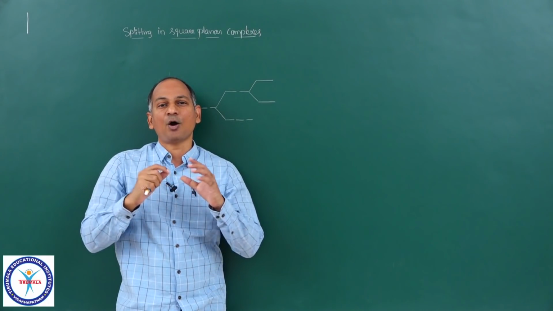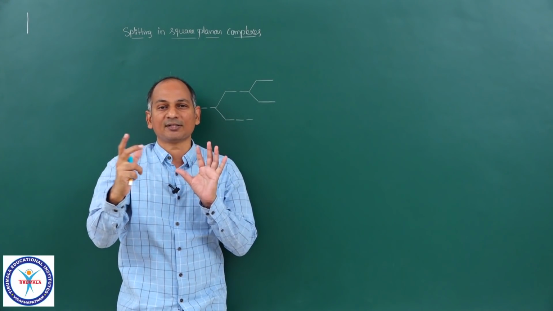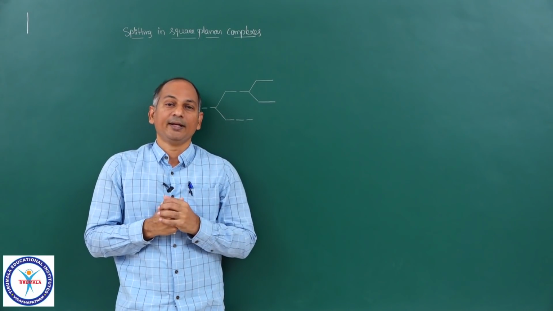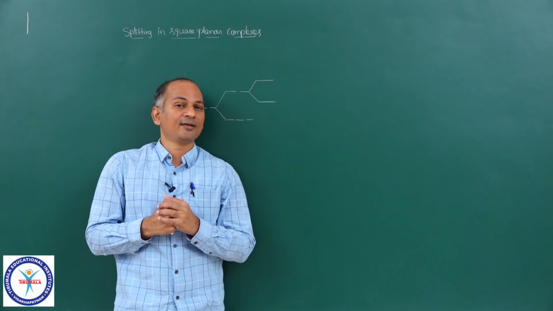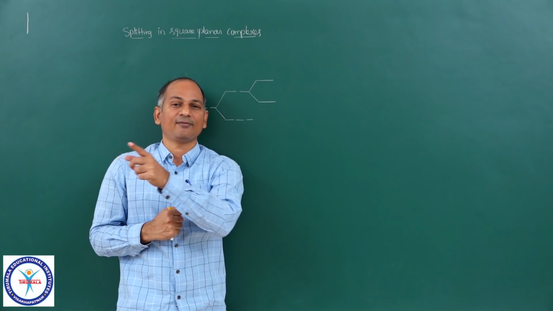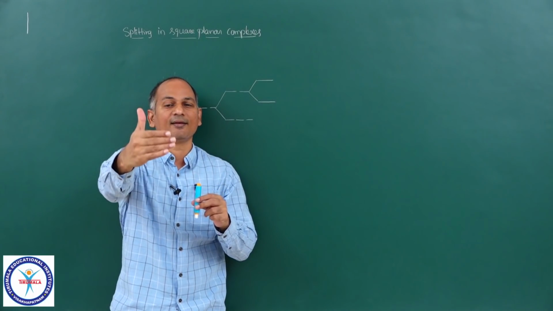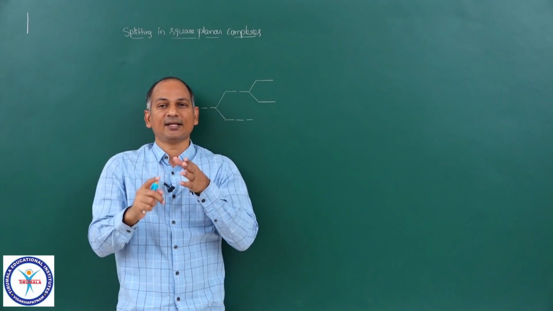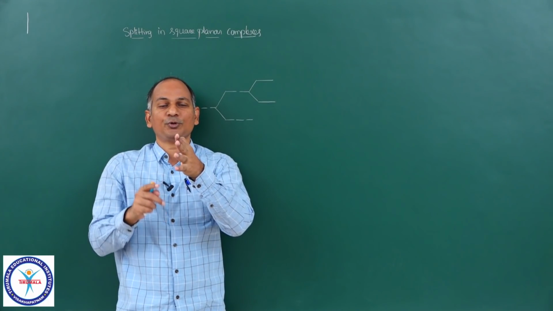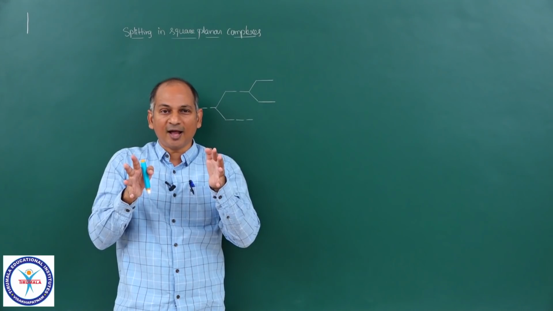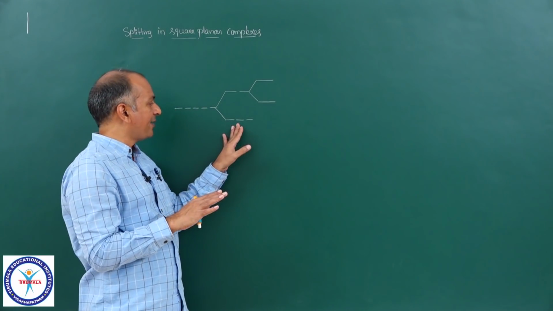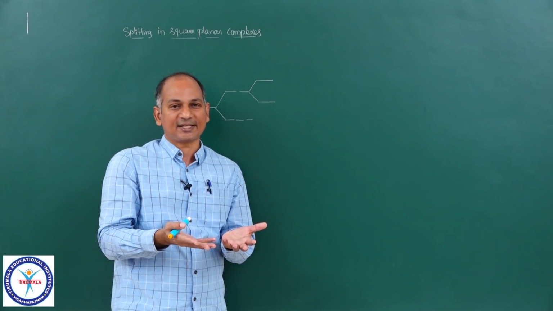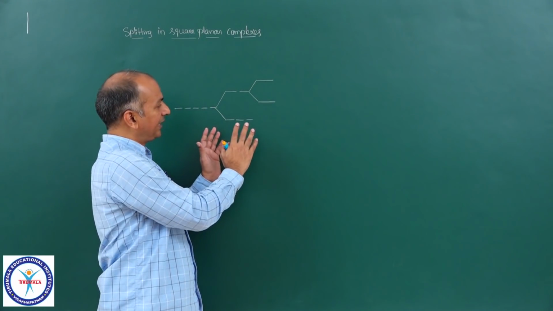So out of the three orbitals, dxy, whose lobes are in this plane, dyz, and the y-axis is this one for us and z-axis, so this plane, and the other one dxz, x and z, this one, these three orbitals will also split. But for simplicity, I am not touching them because actually it won't affect our discussion. You will see it later. So let me keep it like this.